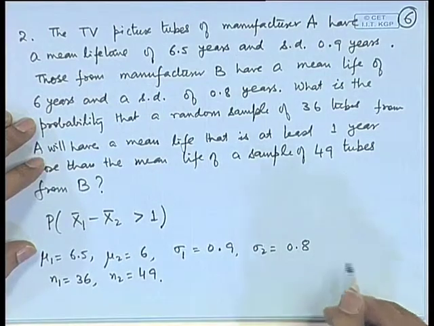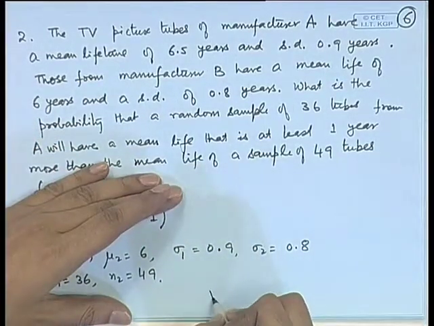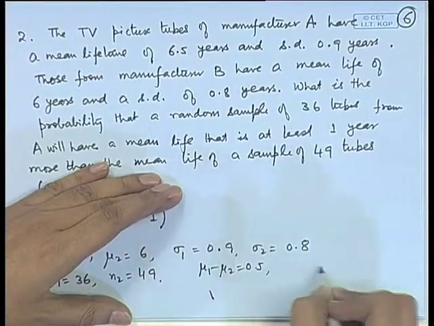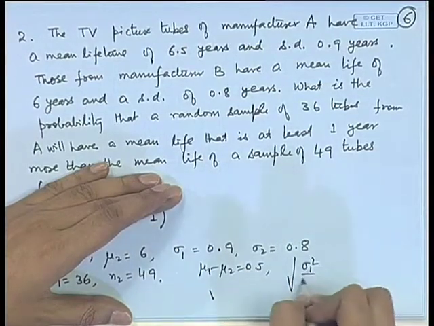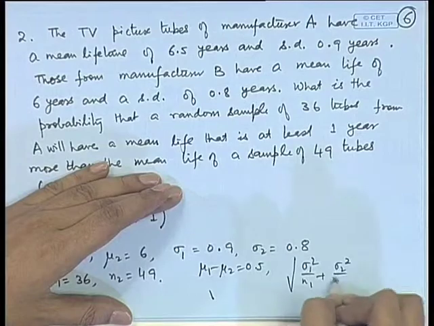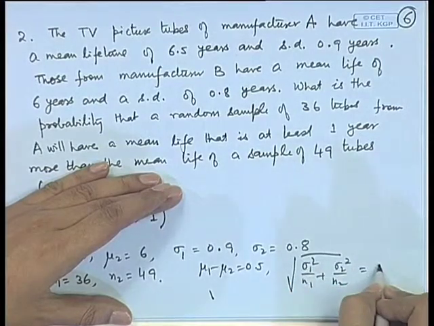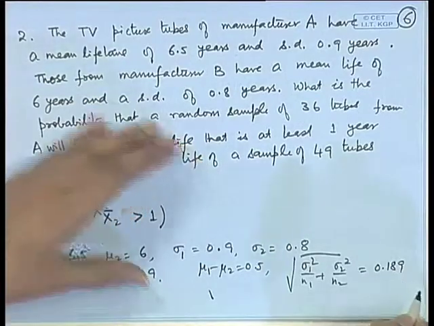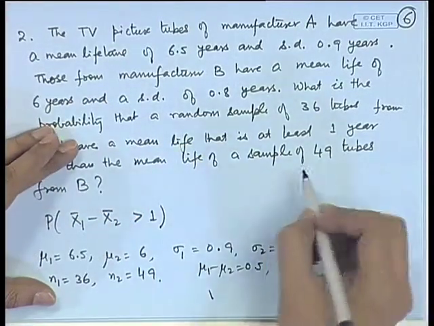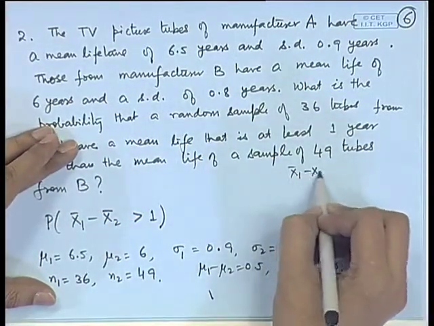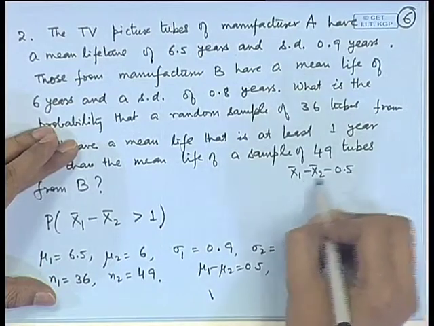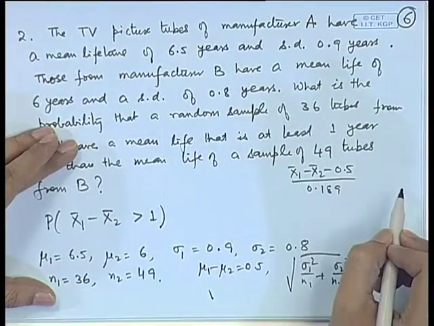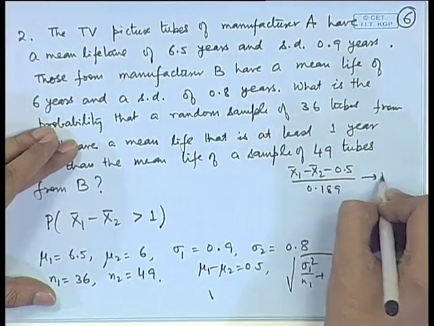So, if we calculate mu_1 minus mu_2, that is 0.5, and the square root of sigma_1 squared/n_1 plus sigma_2 squared/n_2, that is equal to 0.189. So, (X̄_1 minus X̄_2 minus 0.5) divided by 0.189 is approximately normal.